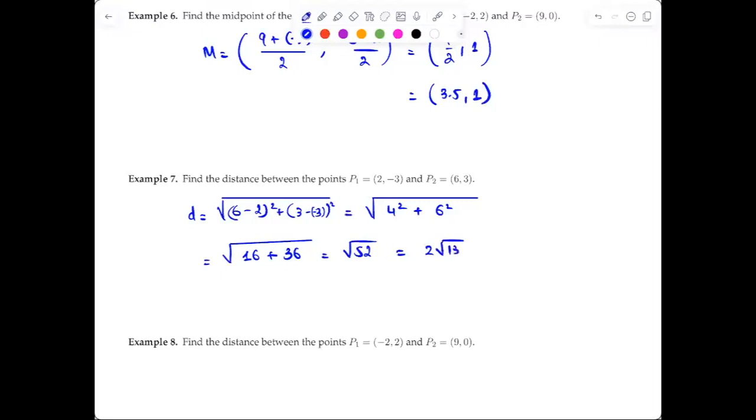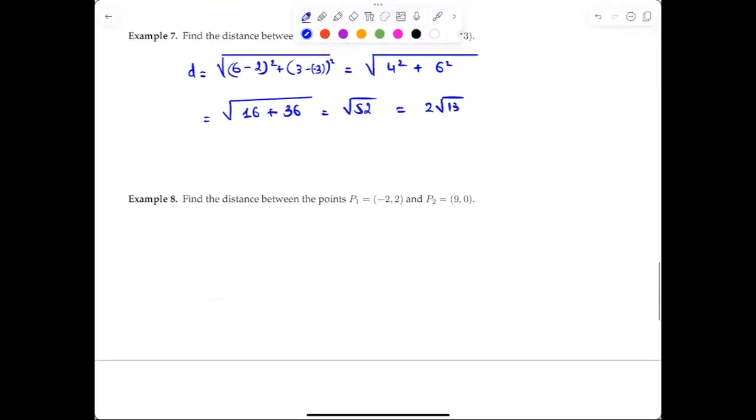For the last example, the distance between these 2 points is square root of 9 minus negative 2 square plus 0 minus 2 square.